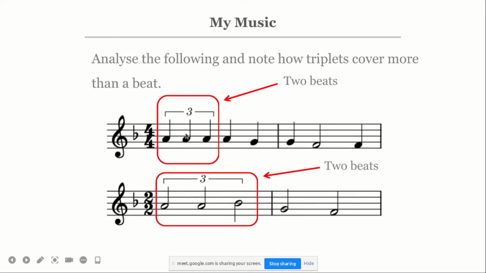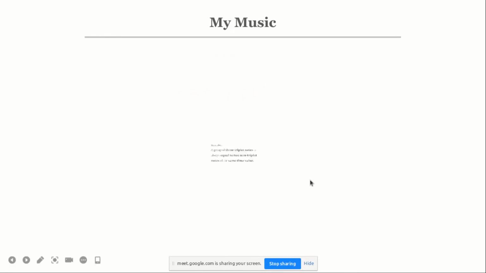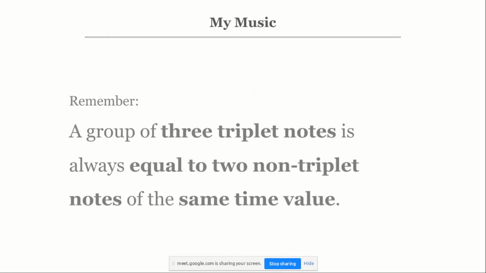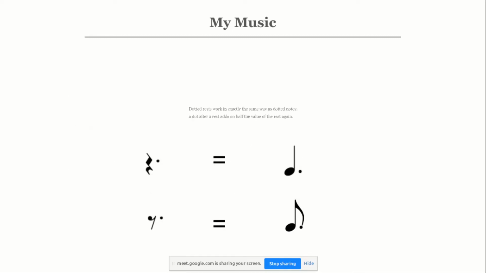So these 3 crotchets with a triplet add up to 2 beats. And these 2 are also 2 minims in a bar, and you can see we have 3 minims in the first bar, but because of the triplets they add up to 2 minims. I hope now it's becoming clearer. So this is a reminder: a group of 3 triplet notes is equal to 2 non-triplet notes of the same time value. Don't forget that.